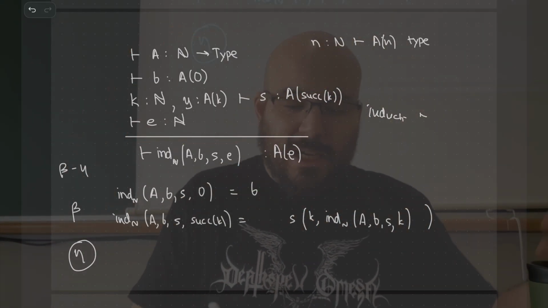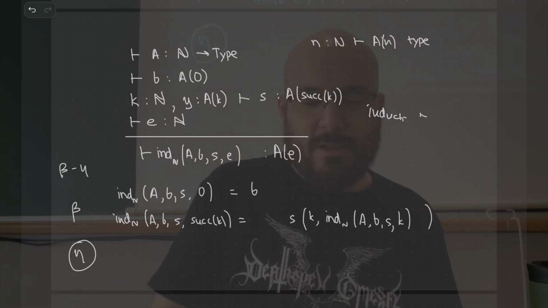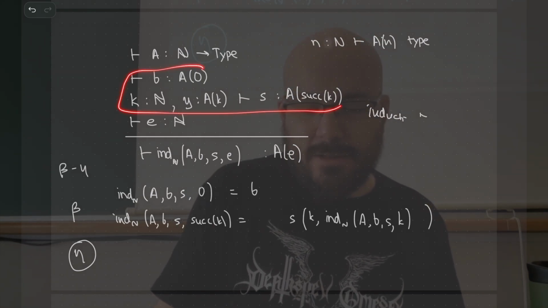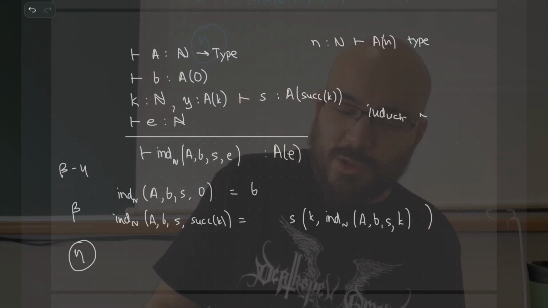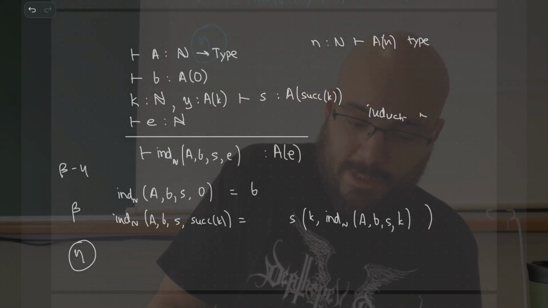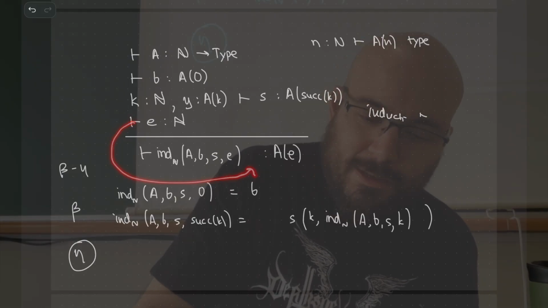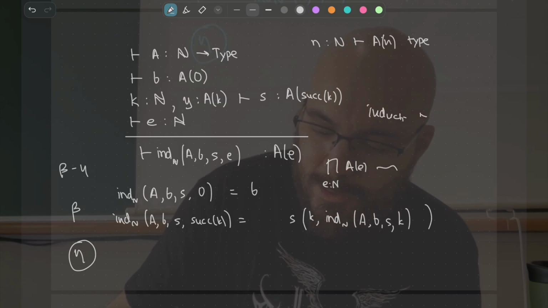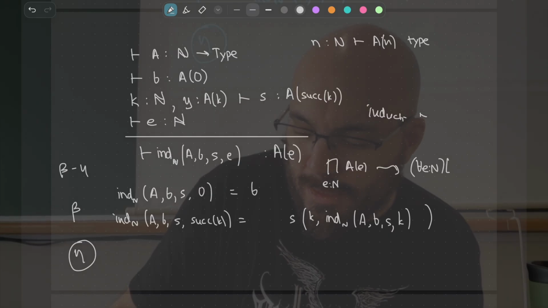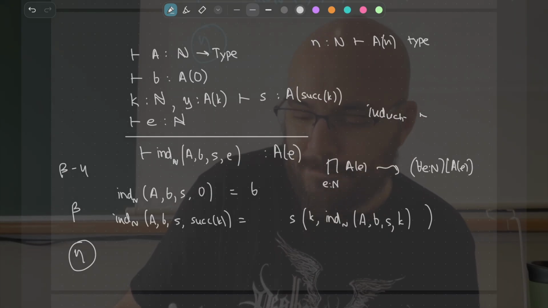Some of these you already have, so you will not see them as new things, but it's like: provide these things, and this will let you prove. Because if you move this here, this will become for all E, N, A of E.